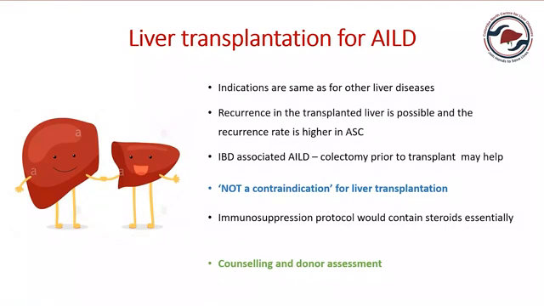When we list a child for liver transplant, we look at their synthetic functions, their degree of portal hypertension, etc. However, there is a recurrence risk in the transplanted liver compared to other disorders, and the recurrence risk is quite higher in autoimmune sclerosing cholangitis, which could be up to 30%.